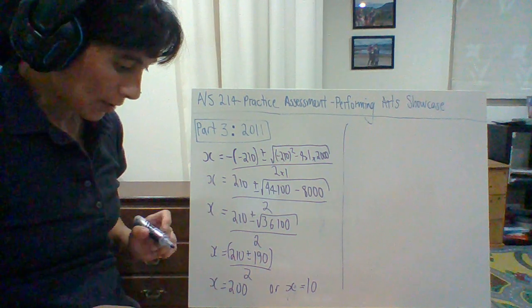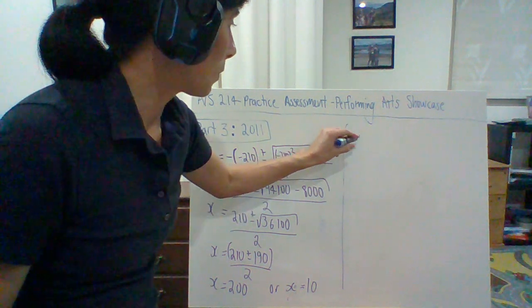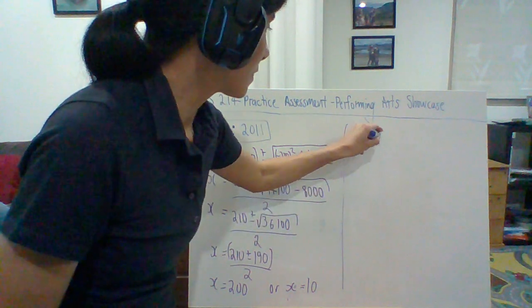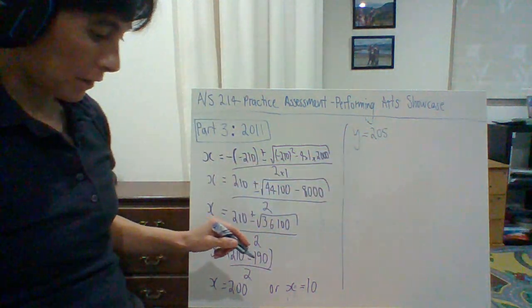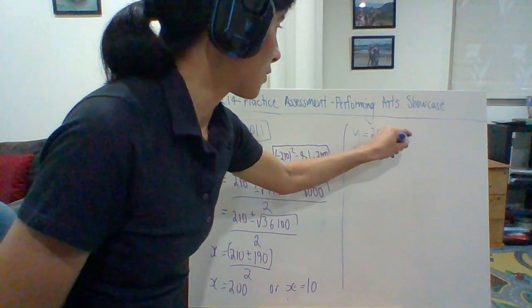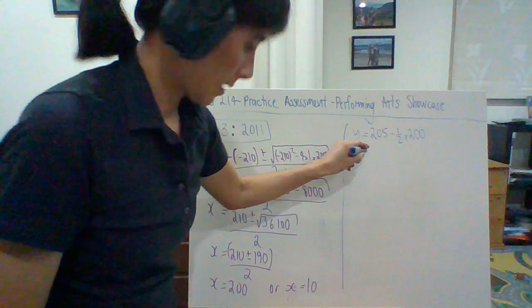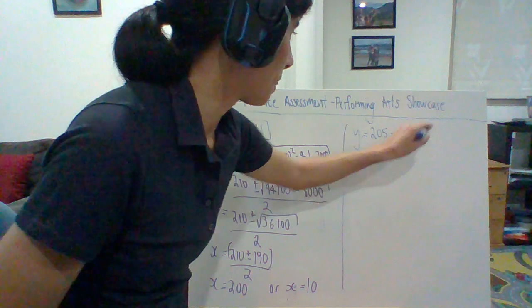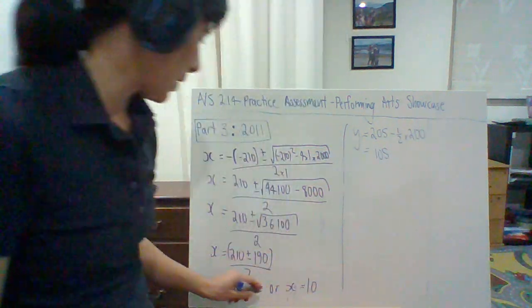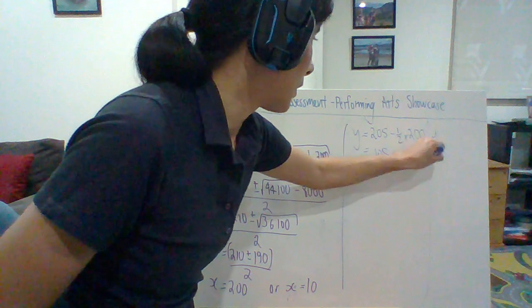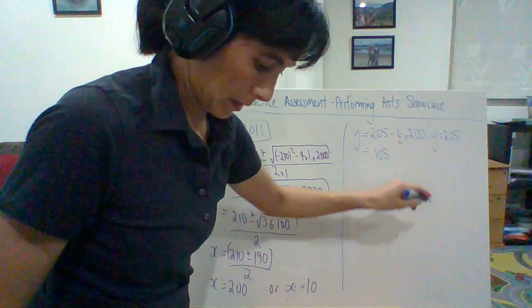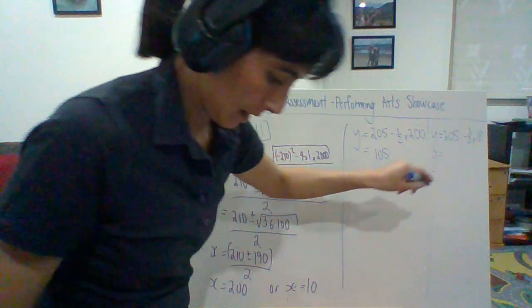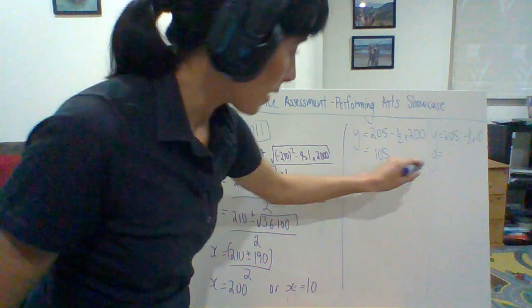When x equals 200, y equals 205 minus a half times 200, which is equal to 105. Or when x equals 10, y equals 205 minus a half times 10, so it's going to be 5. So 205 minus 5, we've got 200.